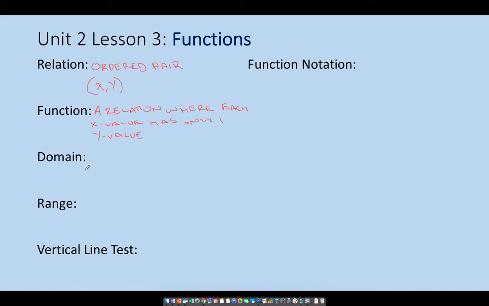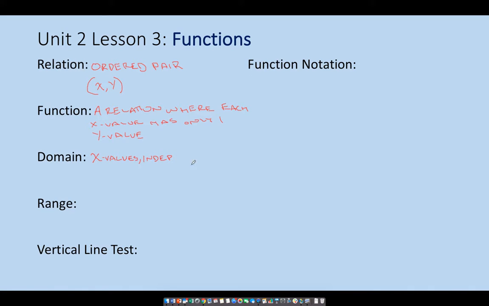Some other things that you're going to need to know really well are domain and range. So domain has a lot of different names for it. Traditionally, we think of it just as your x values. Okay. So your domain is all of your possible x values. Other words for this include independent values.